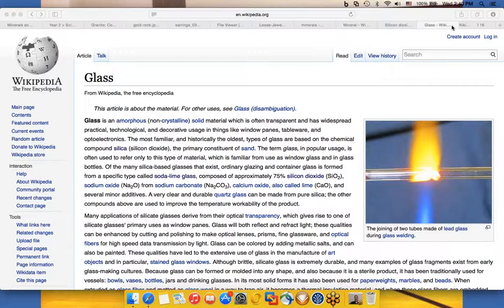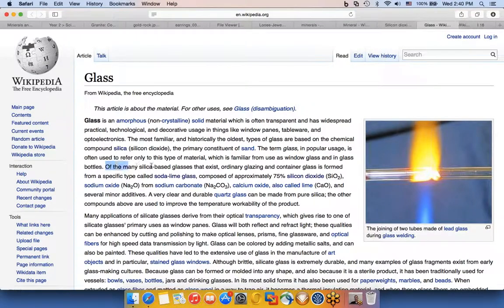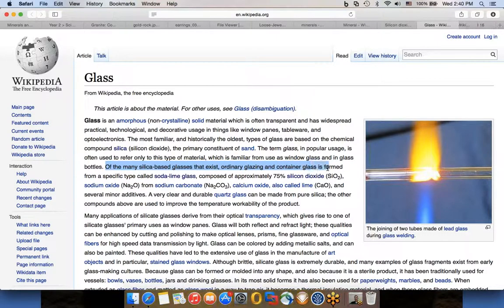Glass is made out of sand that is heated and melted. And let's see this part. It says, of the many silica-based glasses that exist, ordinary glazing and container glass is formed from the specific type called soda lime glass.